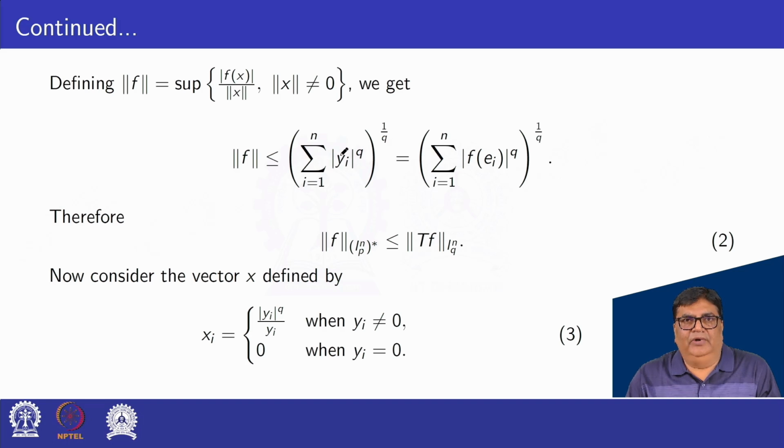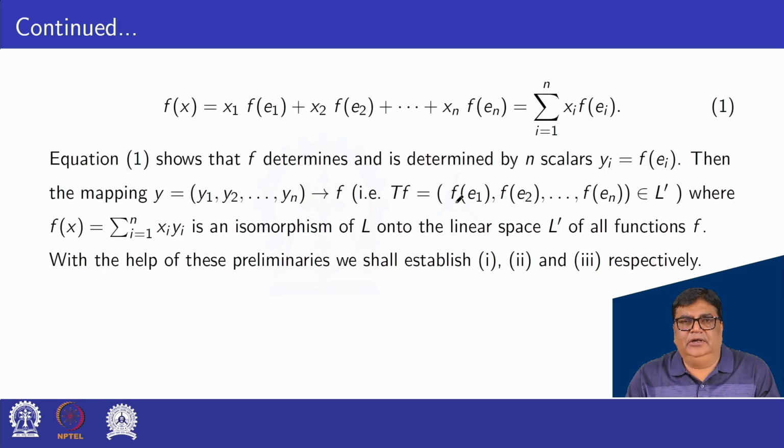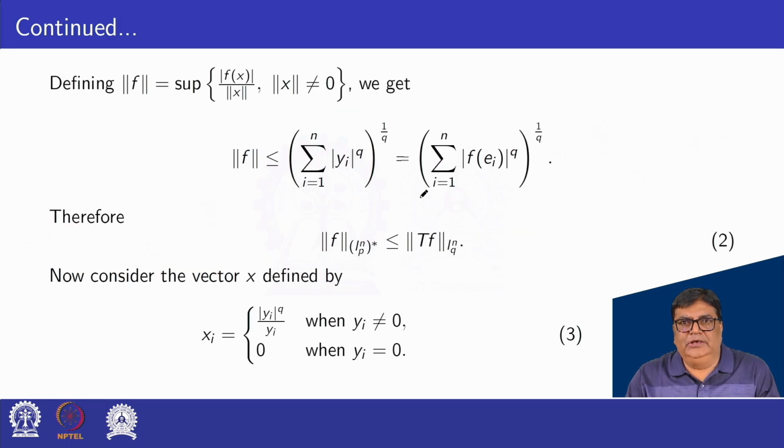Okay, yi is f of ei. So norm f is less or equal to (summation i = 1 to n of |f(ei)|^q)^(1/q). This is the collection Tf. Here the collection of f(ei) is Tf. So this can be written as the norm of Tf in lqn.